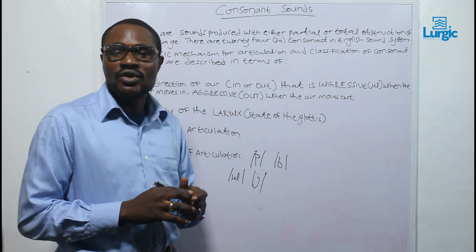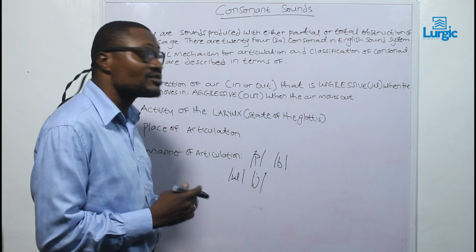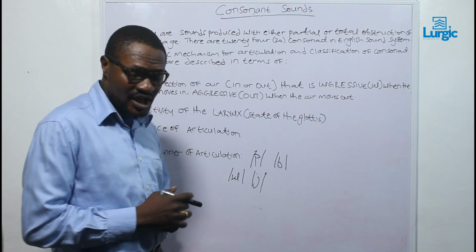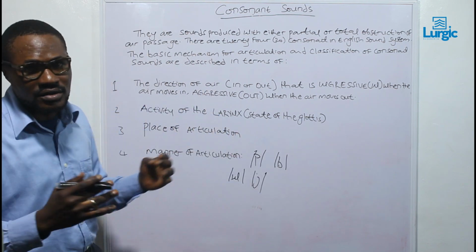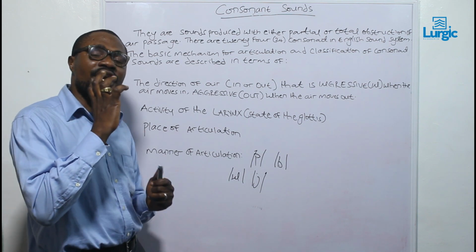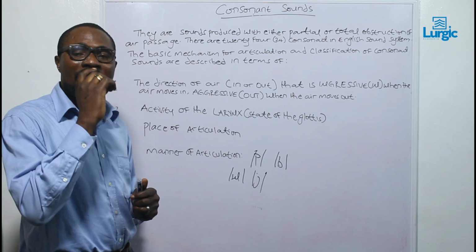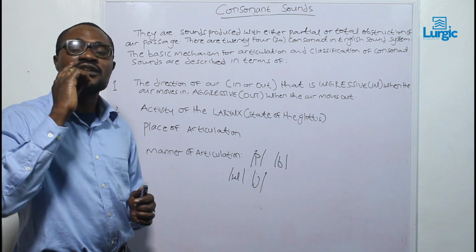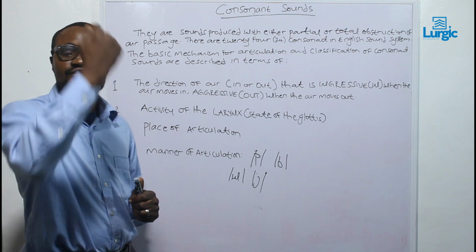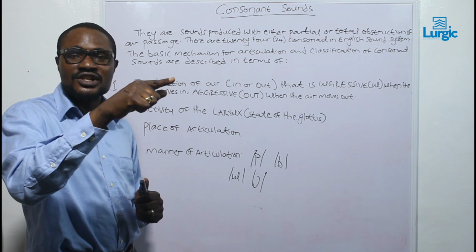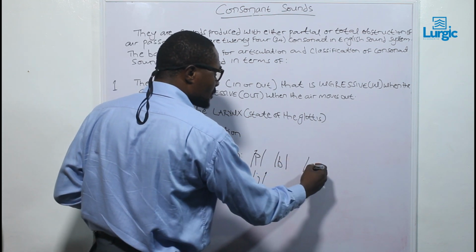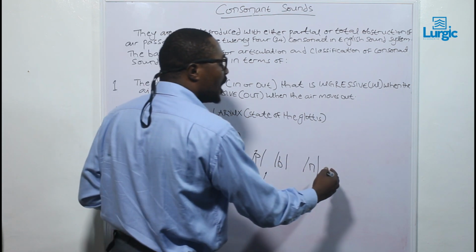Here also, we can notice that in production of this sound, it's not totally blocked, it's partially blocked. We have the nasal sound. In the nasal sound, it talks about the movement of the air when the mouth is closed, and it involves the nasal cavity. That is, sounds that involve the use of the nose, such as m, n, then we have ng.